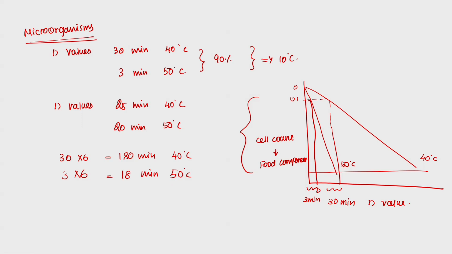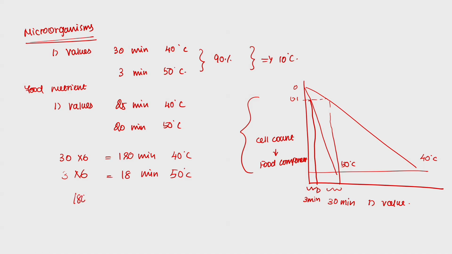Similarly, this is for any food nutrient, instead of saying component. So this is the food nutrient, where the D value is 25 minutes.